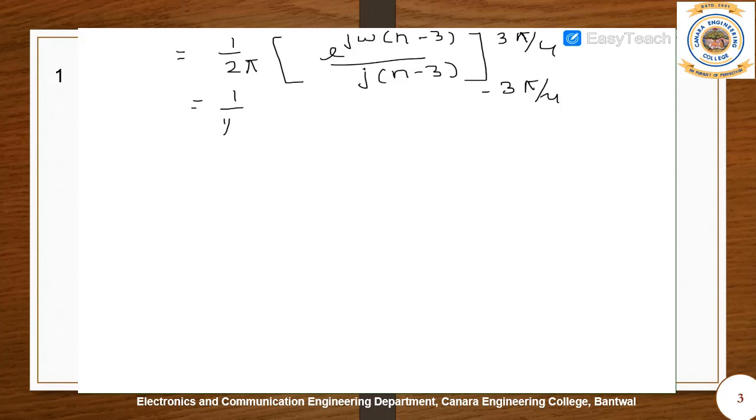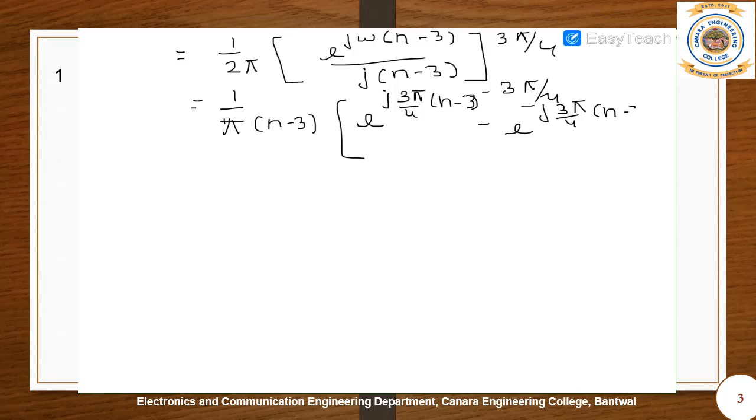So we get this as 1 over pi (n minus 3), e to the power j 3 pi by 4 (n minus 3) minus e to the power minus j 3 pi by 4 (n minus 3), divided by 2j.